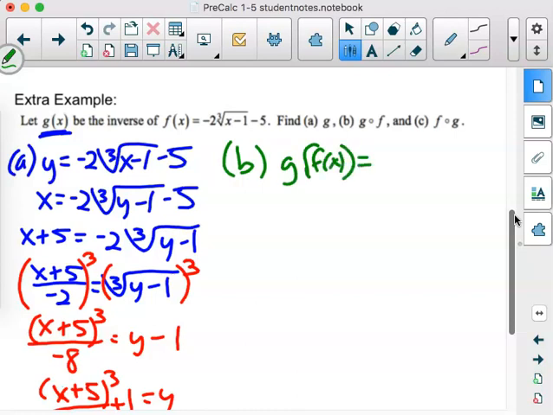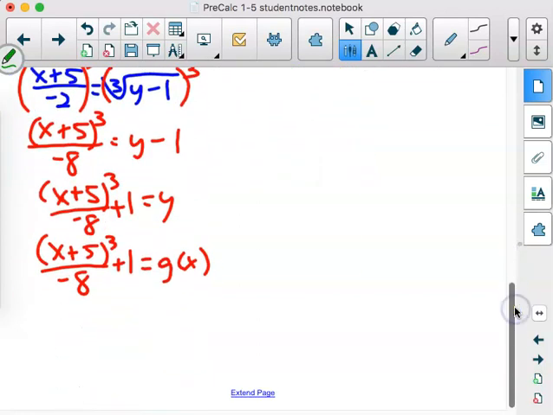And I always encourage students to write it with the parentheses instead of writing it with the little composition bubble. That's because it gives you that feel of, okay, so I have to take f of x and put it inside g of x. I mean, that's exactly what's happening here. So, this monster is going here. Give yourself some space. It's a lot of stuff.